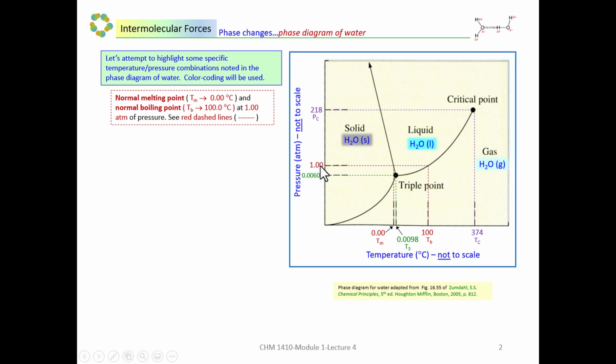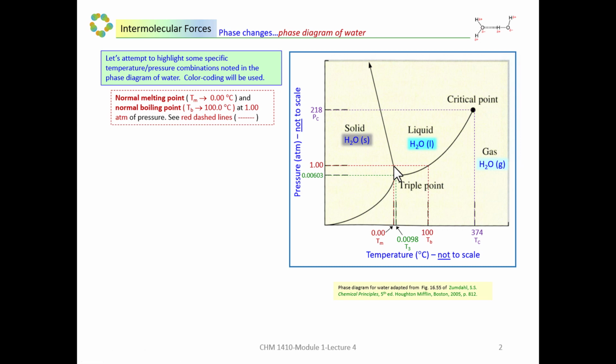So if we start at 1 atmosphere of pressure and we follow this red dotted line over to the solid-liquid line and follow that down to the temperature axis, we see that temperature is 0. The normal melting point of water is 0.